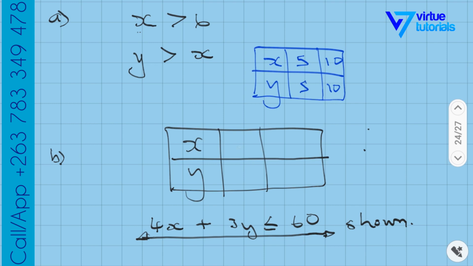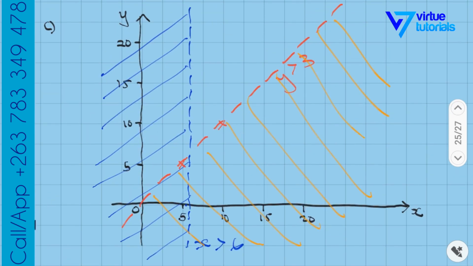So for x, I can have 0, and I can put 0 and 15. When x is 0, y is going to be 20. When x is 15, y is going to be 0. So 0, 20, 15, 0. So I'm using the most convenient ones.